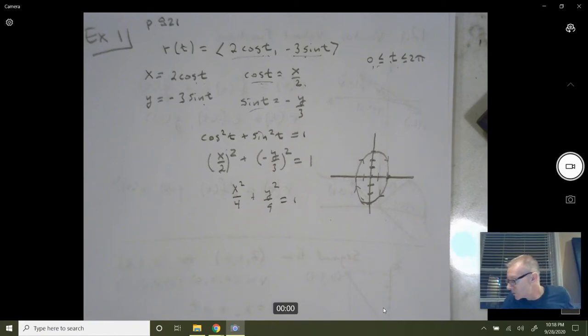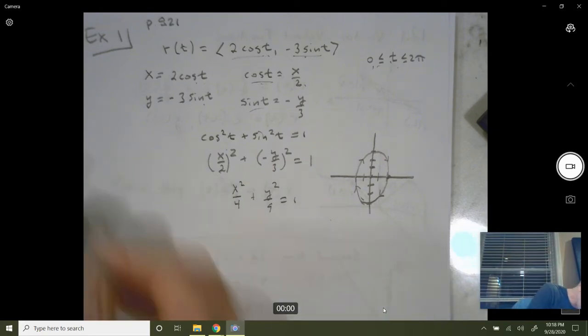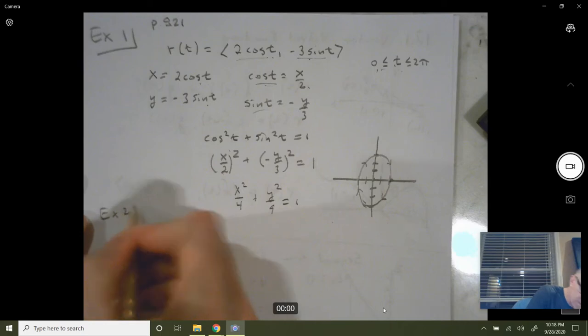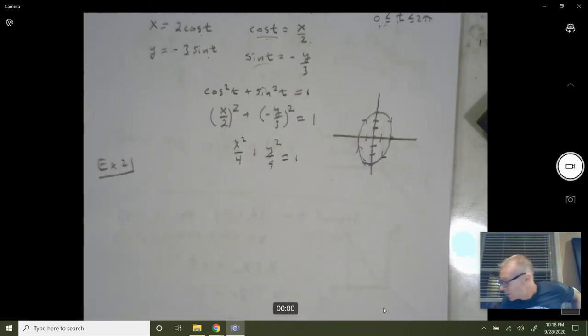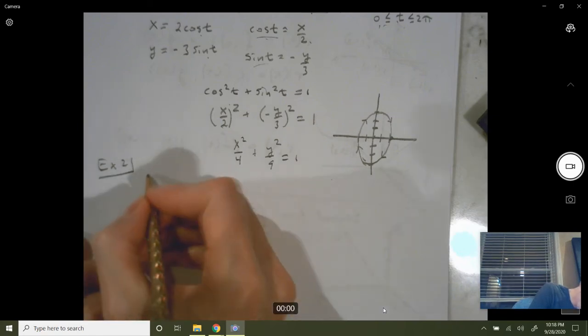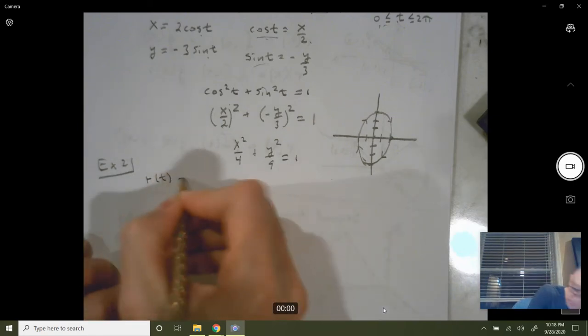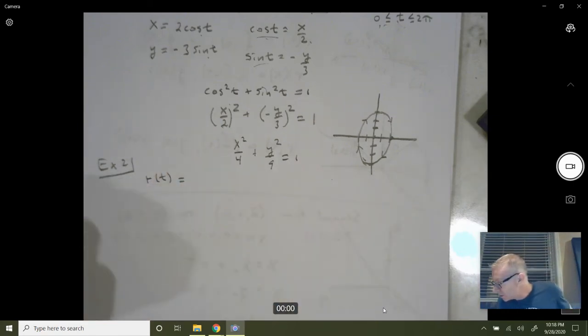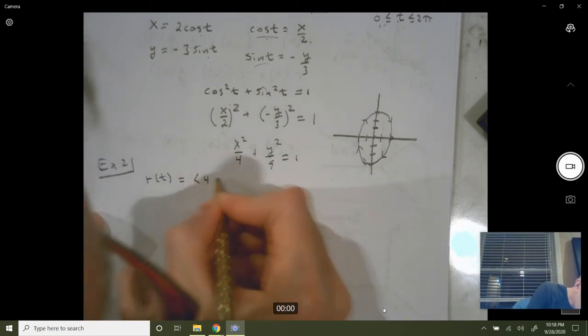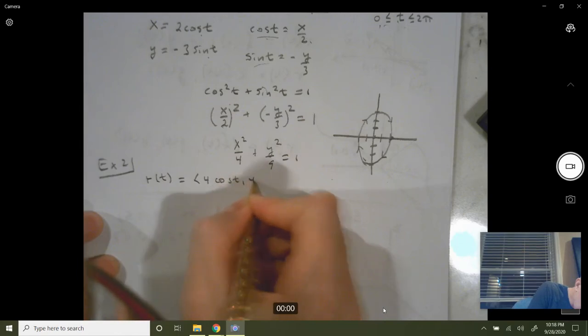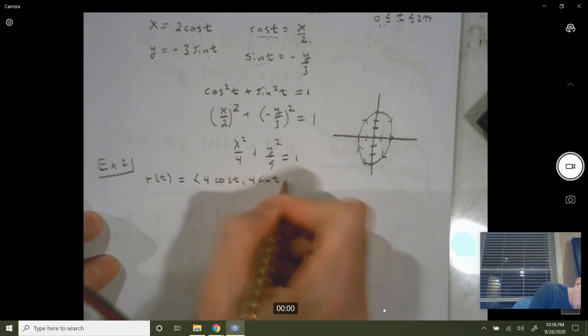Also on that same page, we're going to go to example 2. Example 2, this is a space curve, so this is in 3 dimensions. So r of t, we want to draw this. R of t equals 4 cosine t, 4 sine t, comma t.